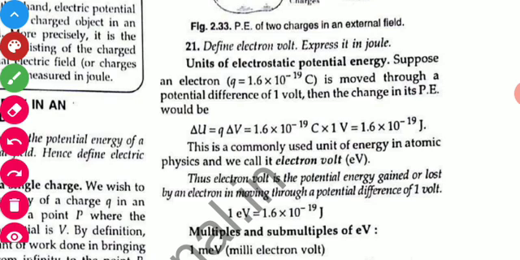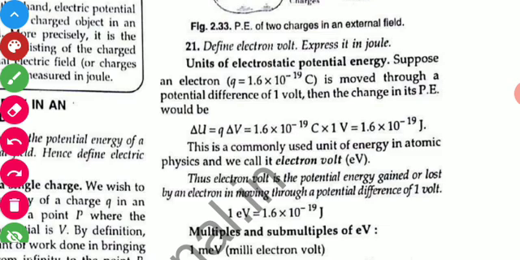The charge on one electron is 1.6 into 10 to the power minus 19, and the potential difference is 1 volt. So we put in the values, and our energy comes out to be 1.6 into 10 to the power minus 19 joule. This we call 1 electron volt. So 1 electron volt is equal to 1.6 into 10 to the power minus 19 joule.